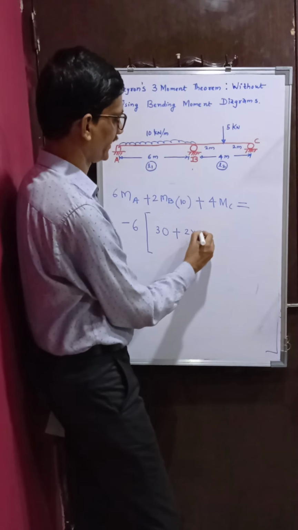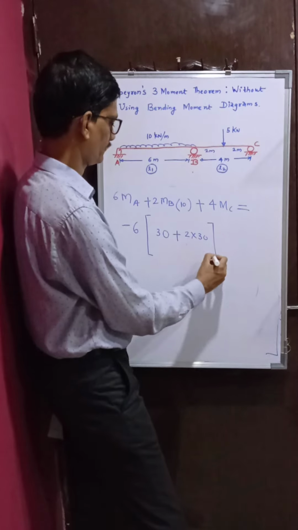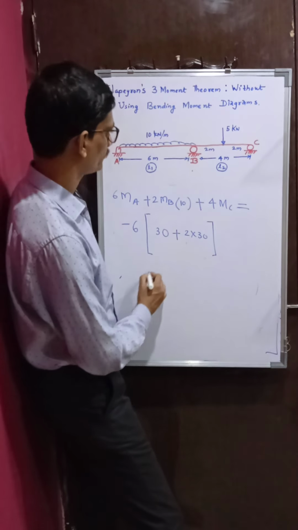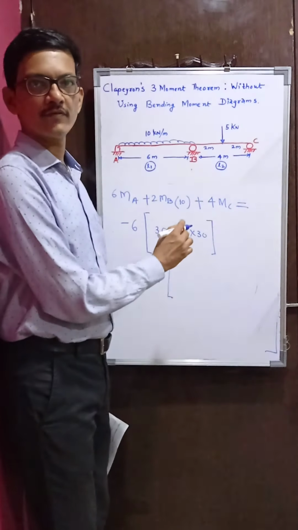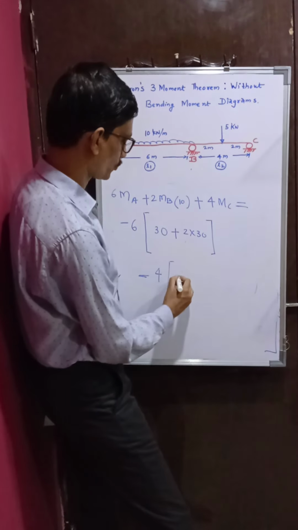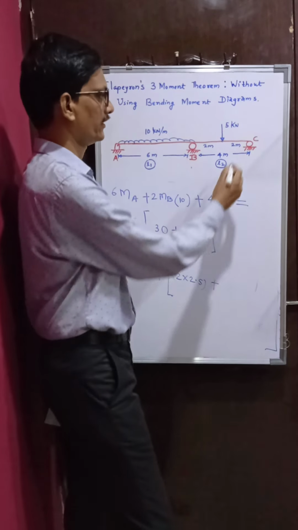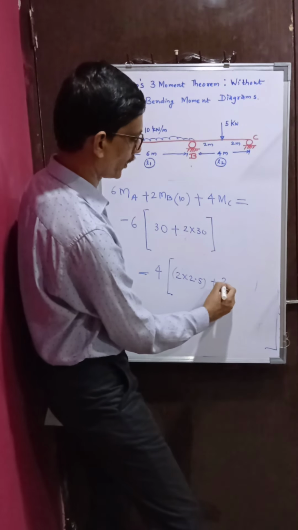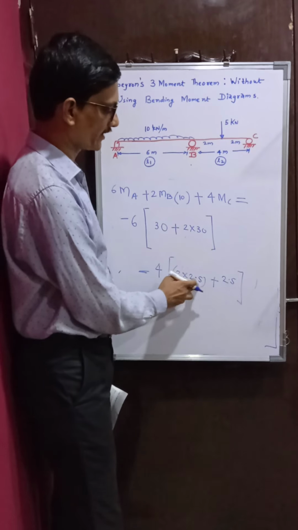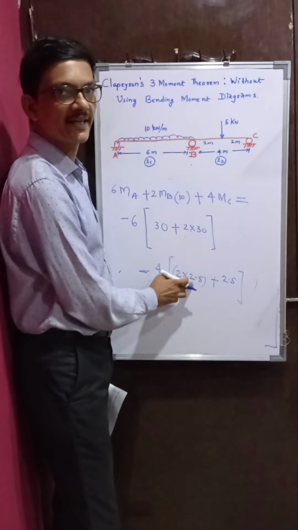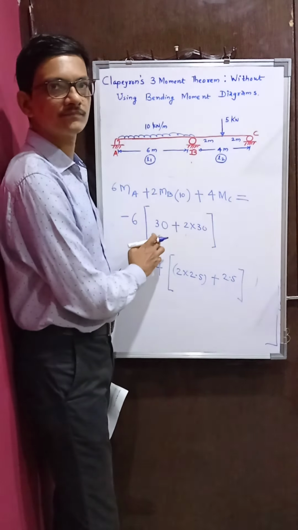So 2 times of 30 again, because here also it is 30, minus L2, that is minus 4, 2 times of MFBC, that is 2 into 2.5, plus MFCB, that is again 2.5. But again take care that 2.5 here is anti-clockwise and here it is clockwise, but don't use minus here. Here also at both the places you use plus.